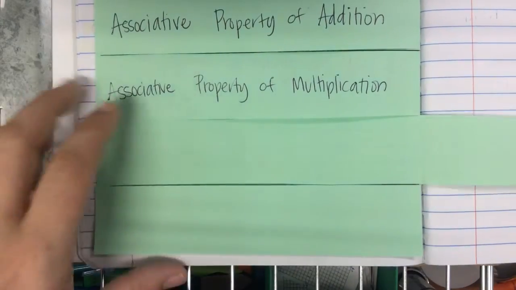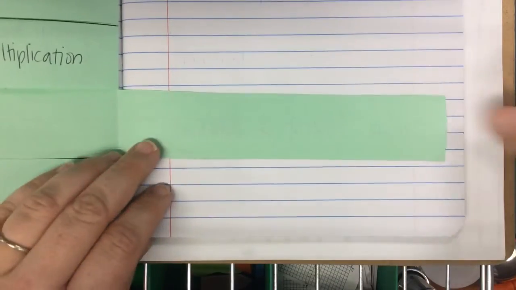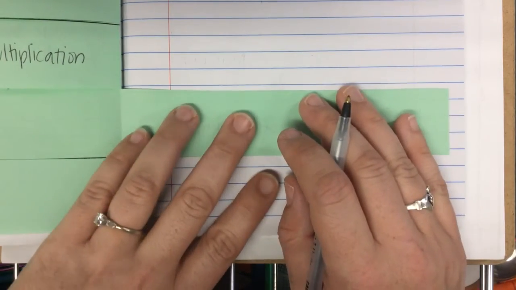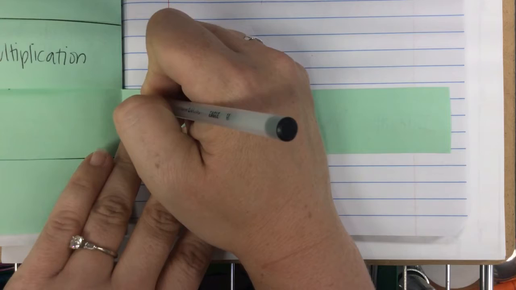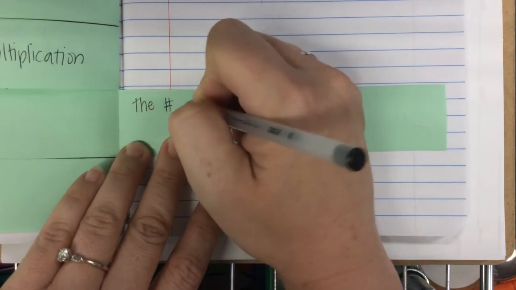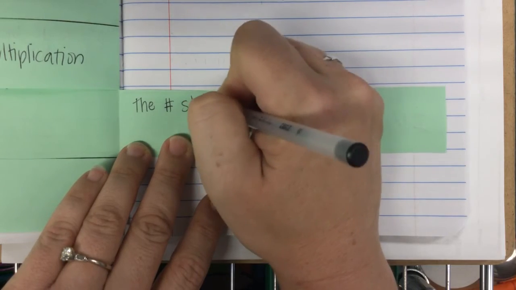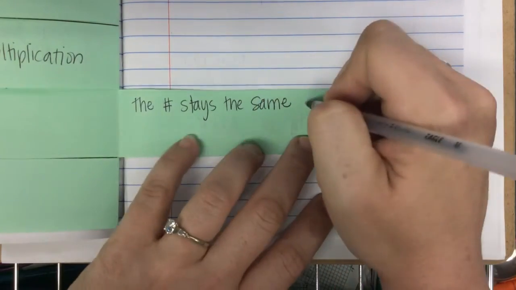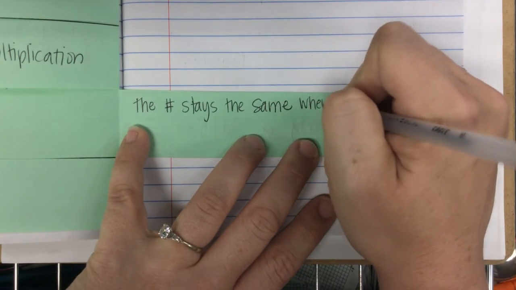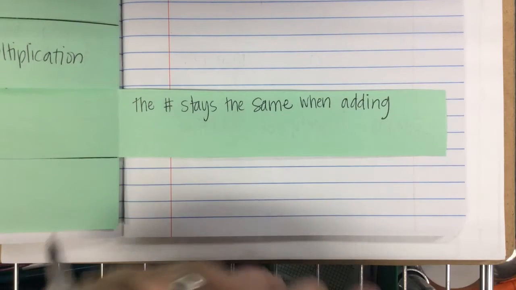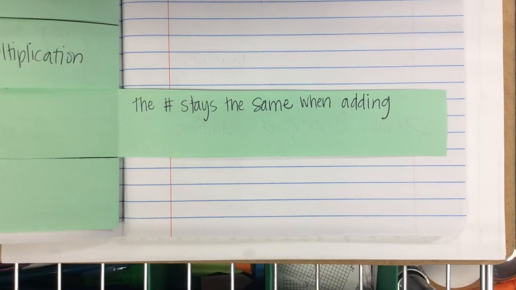And we again open it up. The identity property of addition states, and here's how I remember it, the number stays the same when adding. It doesn't lose its identity. It doesn't change. It keeps its identity.